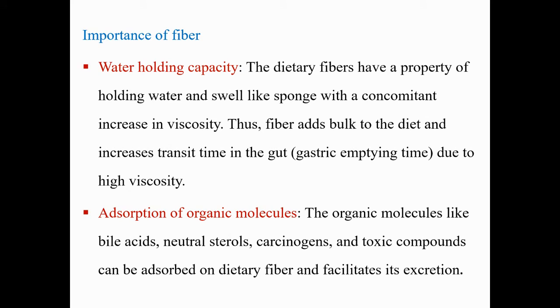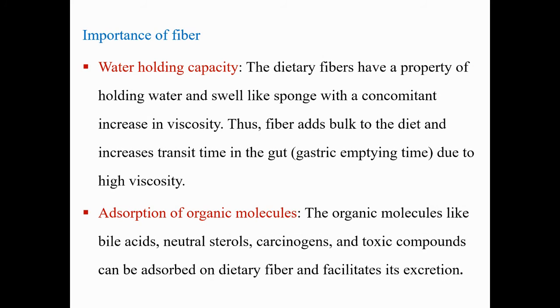Once the bulk or thickness of the diet increases, what happens? It increases the transit time in the gut, which is the gastric emptying time. So dietary fibers will be increasing the gastric emptying time.